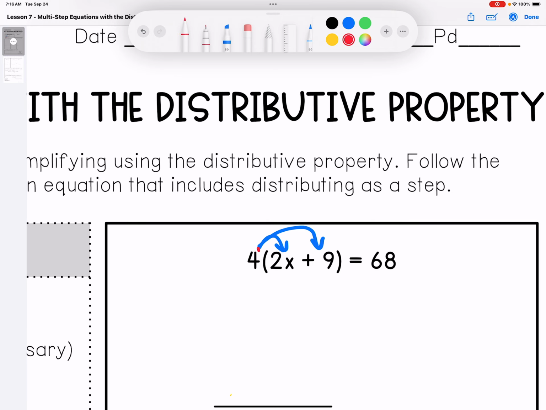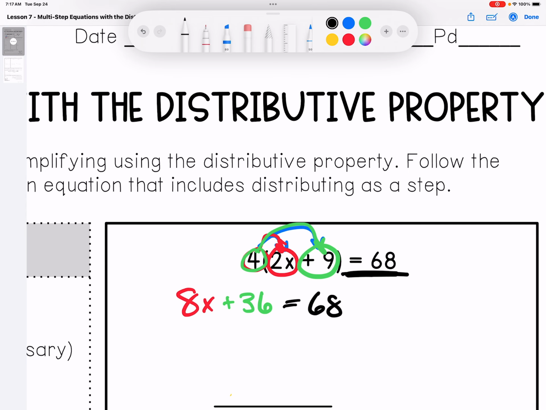So that is 4 times 2x, and then that is 4 times positive 9. So 4 times 2x is 8x. 4 times 9 is 36. We did not do anything to that, so we're just going to bring it down. All right, there's step 1.